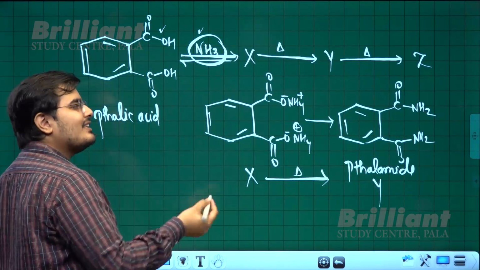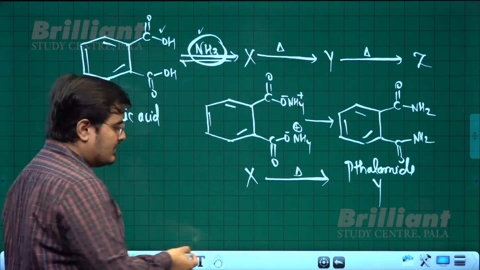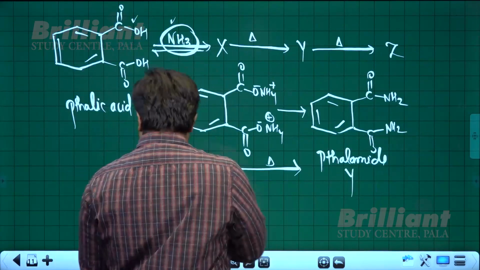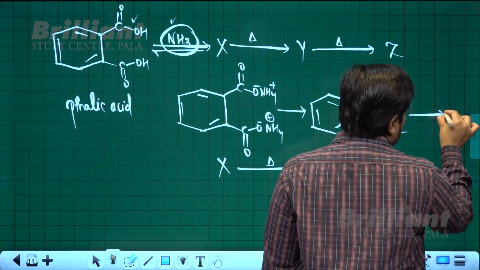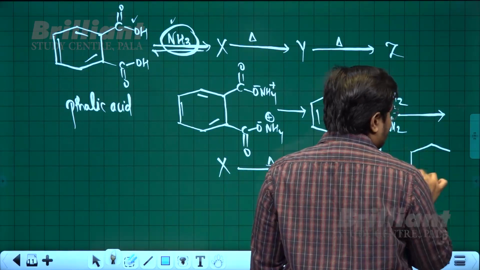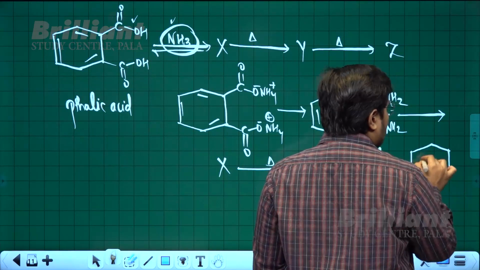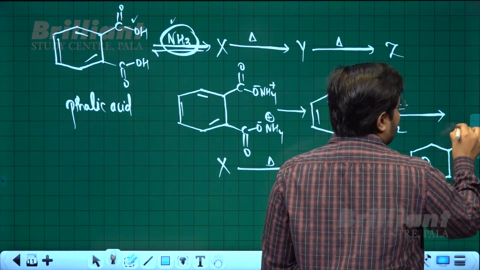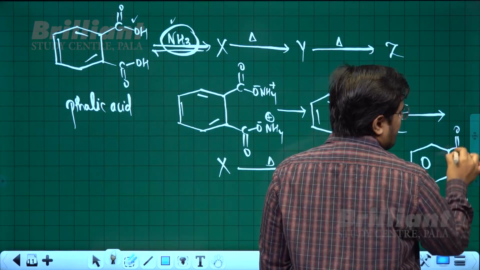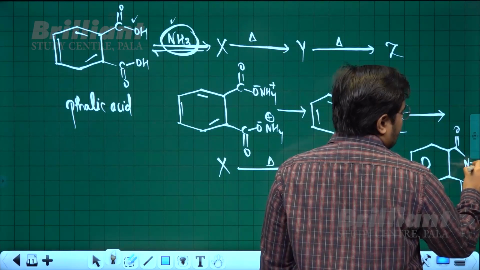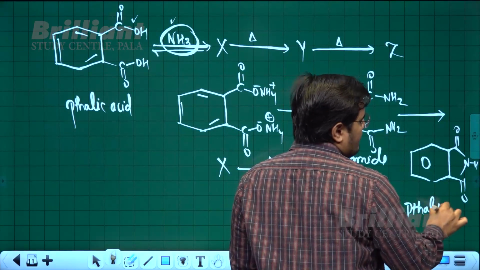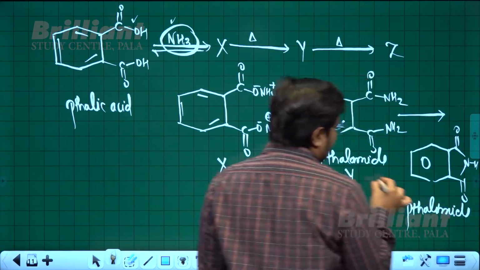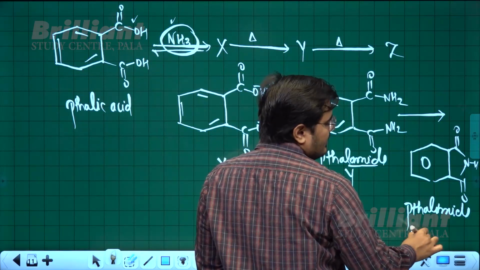But what happens when phthalamide is further heated? An intramolecular reaction happens where it cyclizes to form phthalimide, which will be C=O, C=O, NH. So if you say this is amide, this is imide.